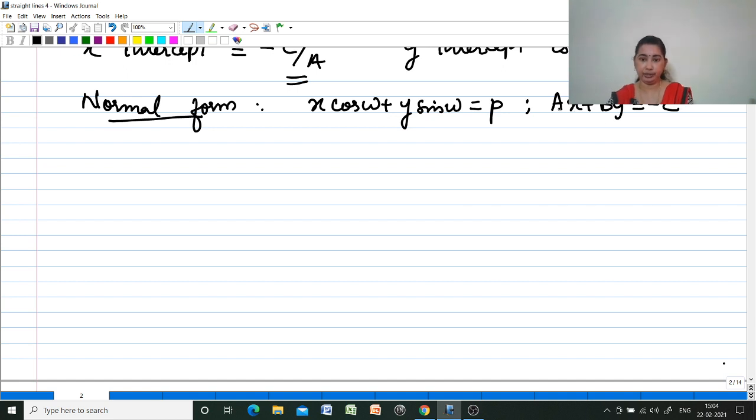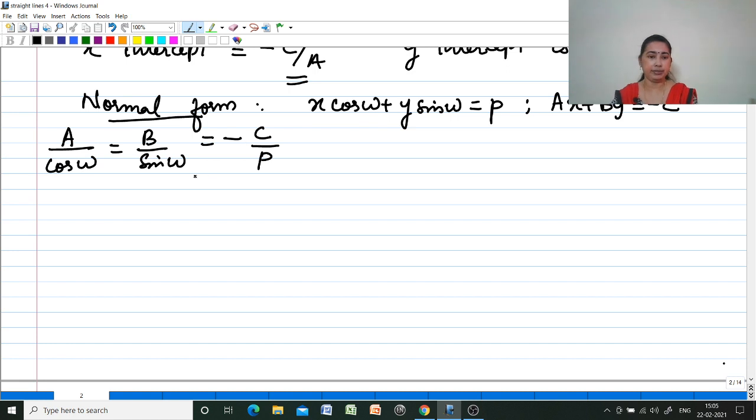Comparing both, we can write the x coefficients as a by cos omega equal to b by sin omega equal to minus c by p.